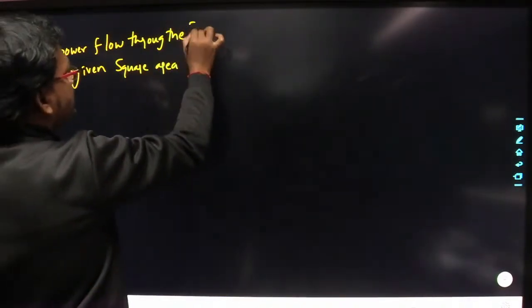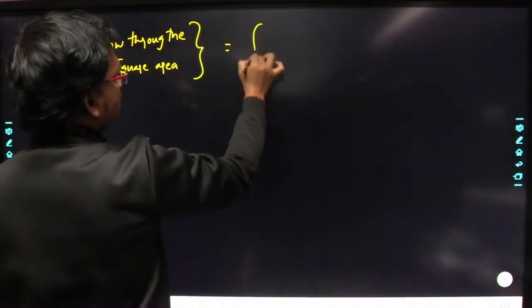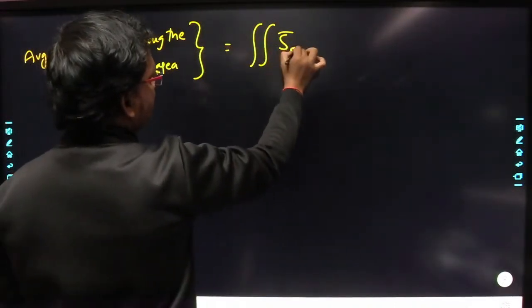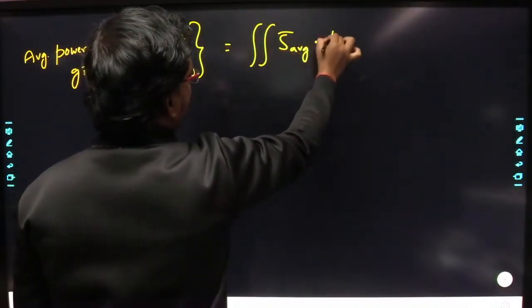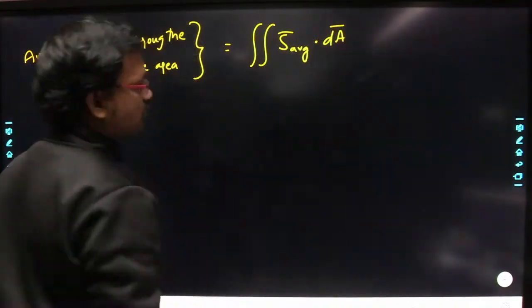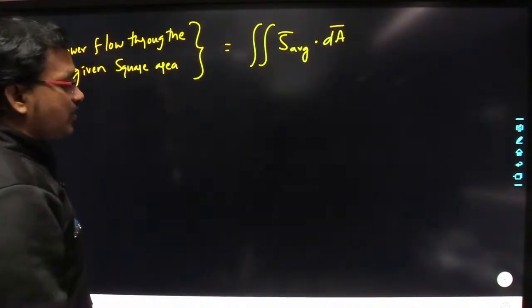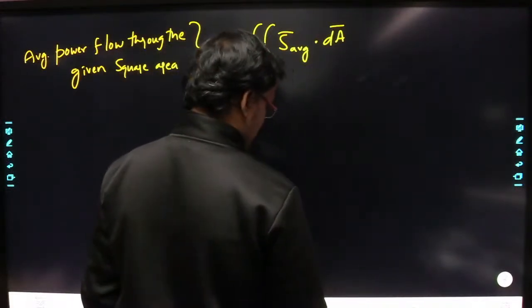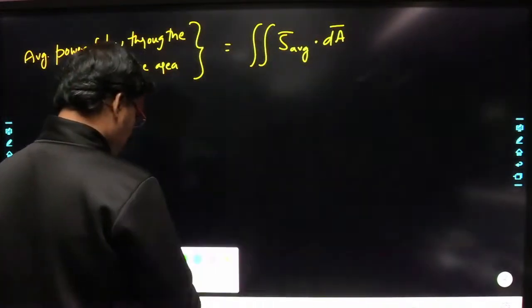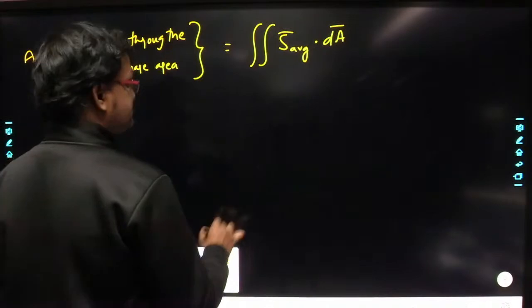How can you represent it? It is equal to the double integral of S average dot dA bar. Understood? Now see here, first we try to determine S average.